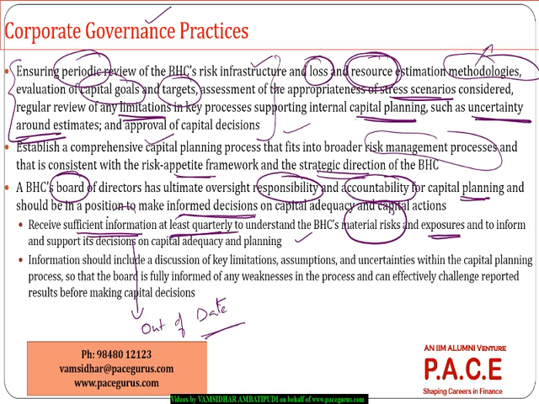And what kind of information do they have to receive? All the limitations associated with different kinds of models, all the assumptions being made for different models and practices, and the different uncertainties surrounding the loss estimates and revenue estimates within the capital planning process, so that any weakness in the process, or any challenge coming as a part of the process or a model, they take into consideration for making their capital decision.